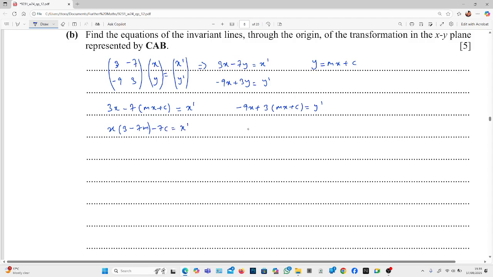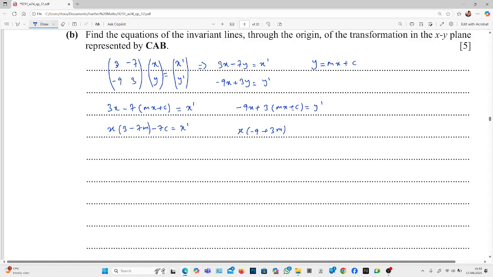Right here, I've got negative 9, and let's put the x outside, so -9 into 3 times m is plus 3m, and the x is outside.